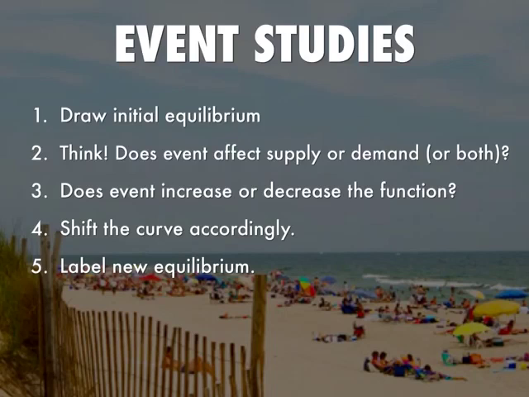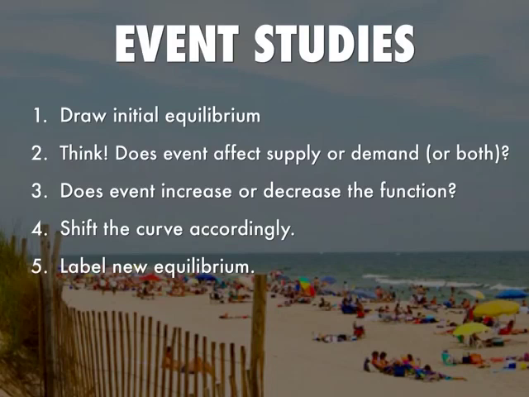you're studying. And then think about the event and think carefully and ask yourself the question, does the event affect supply or does it affect demand? Sometimes you'll get an event that affects both. Arguably the one I'm going to have could affect both, but I'm going to make some assumptions to solve that problem.